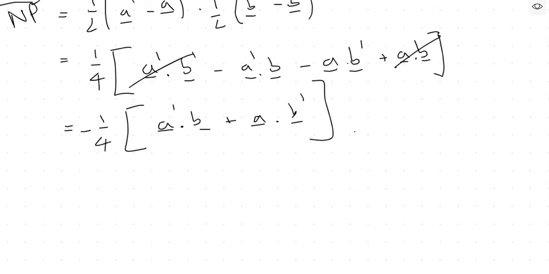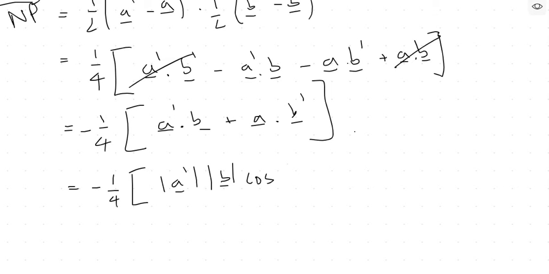So if we look at the definitions of this, A dot B is mod A mod B cos of the angle between them. I'll make up new letters here.